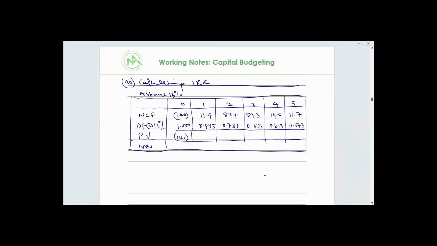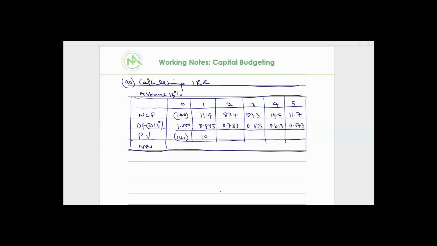10.089. $11.7 multiplied by 0.543 equals 6.4.